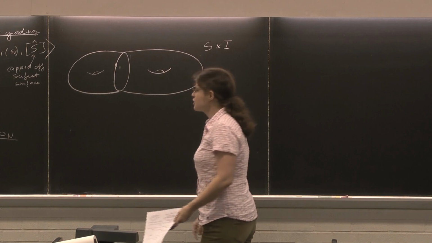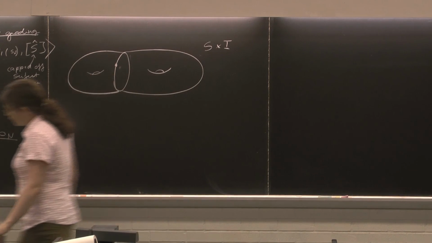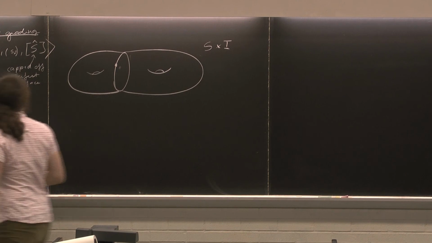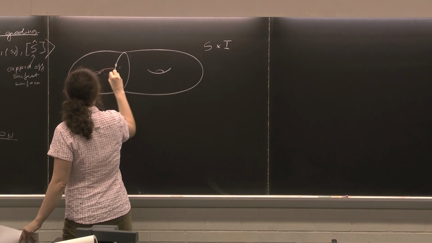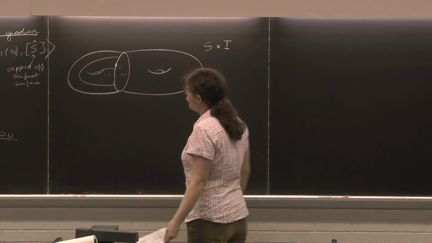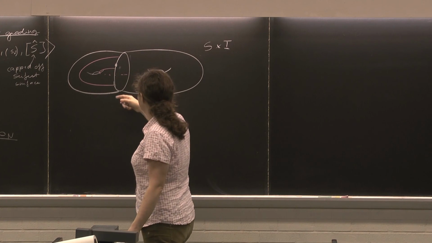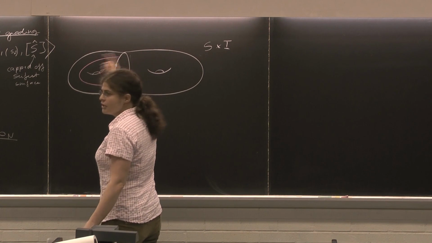And then, this one actually gives me a Heegaard decomposition of my three-manifold. The way you see that it gives you a Heegaard decomposition is that you first subdivide your surface into a disk.